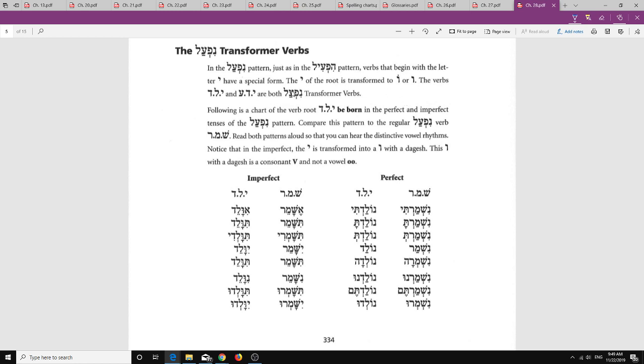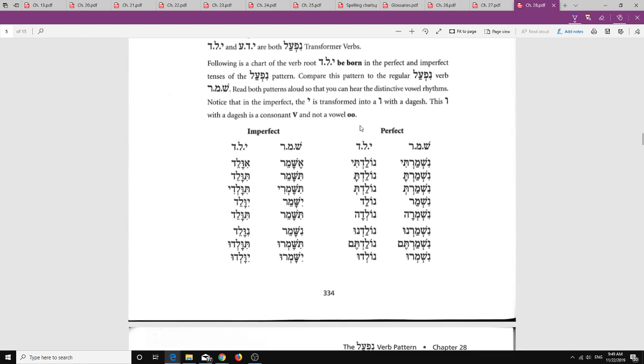That's also true for the niphal, though. Sorry. So here we have a chart for Yalad compared to Shamar, and we can kind of see the different rhythms that go on because of that. Okay. One note is that in the imperfect, the yod is a vav with a dagesh, okay, and it's a consonant and not shurik.